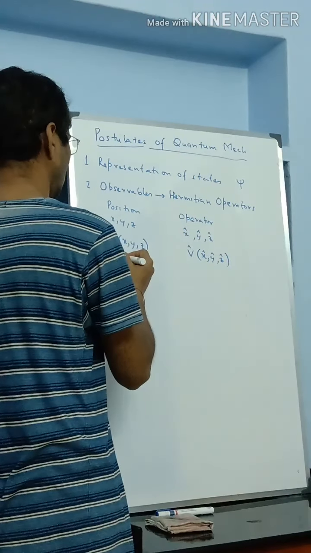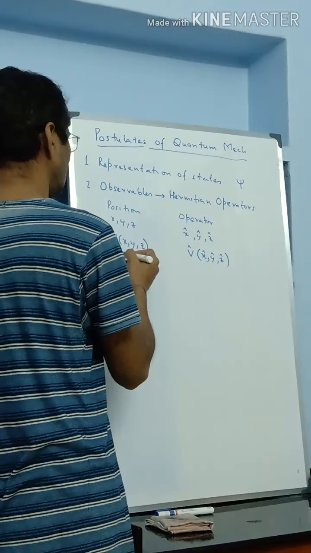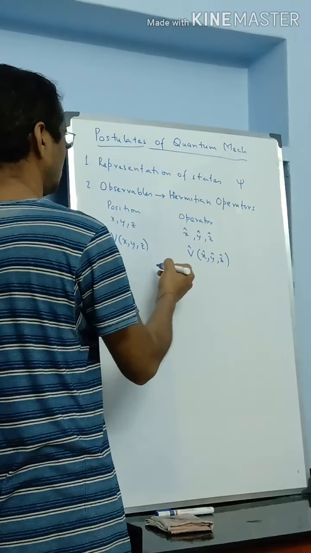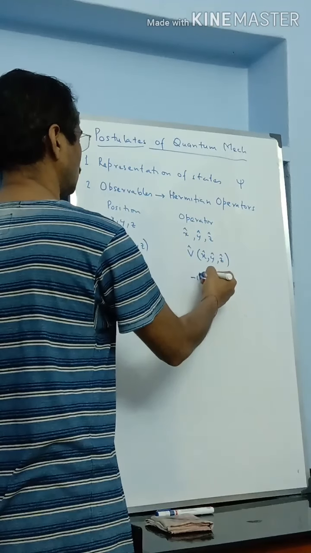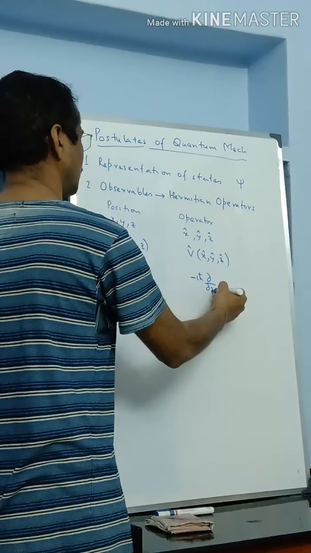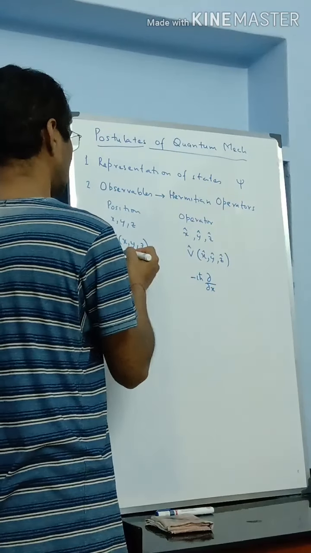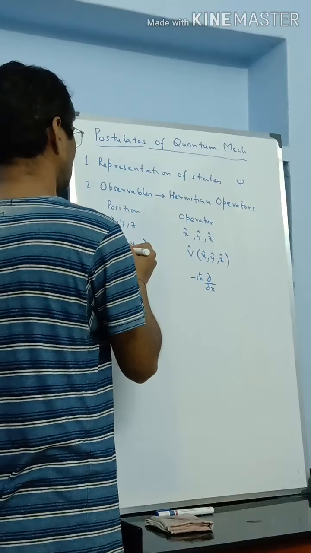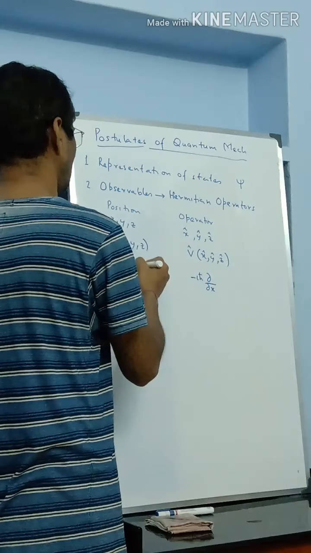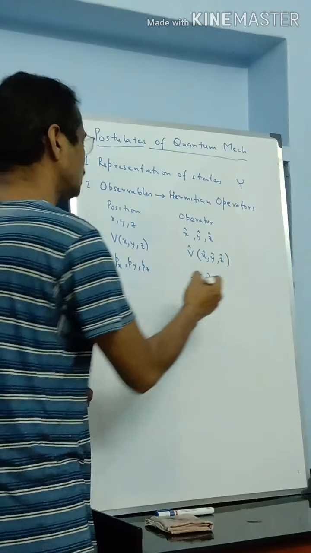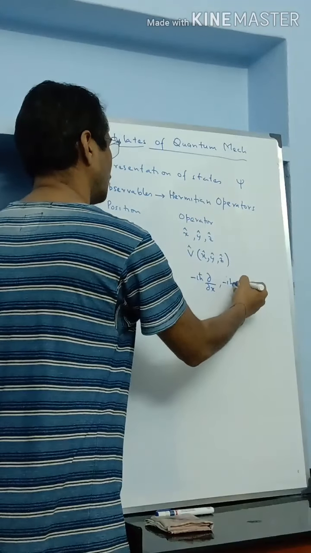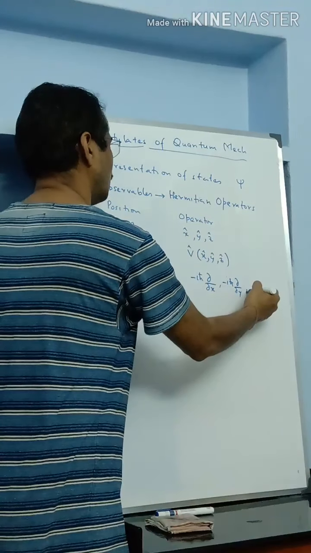The momentum operator, in this particular case, can be written as minus i h cross del/del x, if this is px. So px, py, pz, the linear momentum operators, can be written as minus i h cross del/del x, del/del y, del/del z.